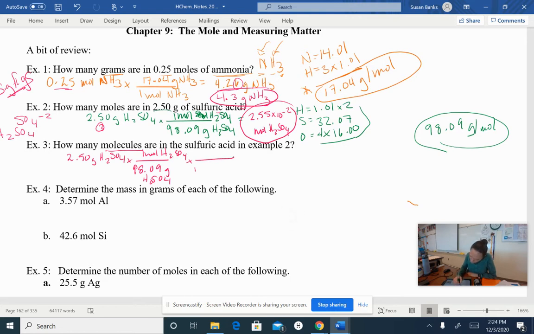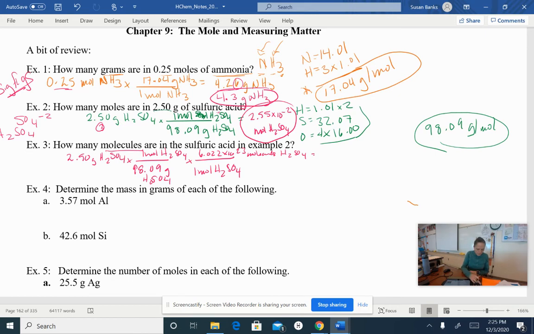And then in 1 mole of whatever I'm counting, now I'm counting sulfuric acid, I have 6.022 times 10 to the 23 molecules of sulfuric acid. Okay, so essentially I'm taking what I did last time and I'm just multiplying it by Avogadro's number to get out of moles and into molecules.